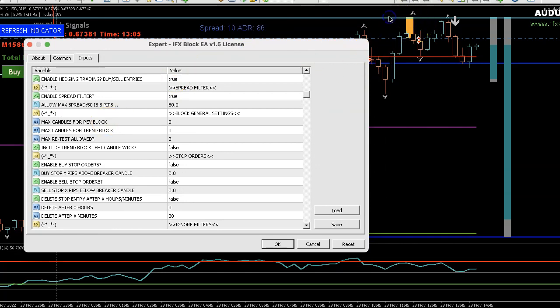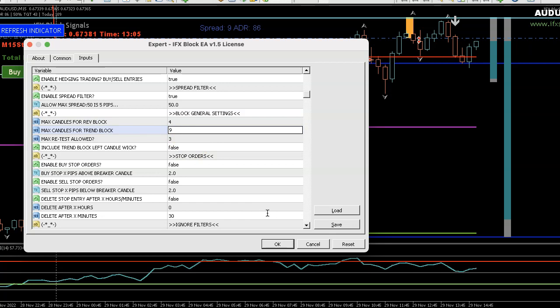So the initial block is formed right over here. It took only one candle to actually break. So if I gave it in here, hey, up to a maximum of 4 candles, I just want an entry up to 4 maximum candles to form the block. If it's more than that, I don't want an entry. The same thing for the trend block.